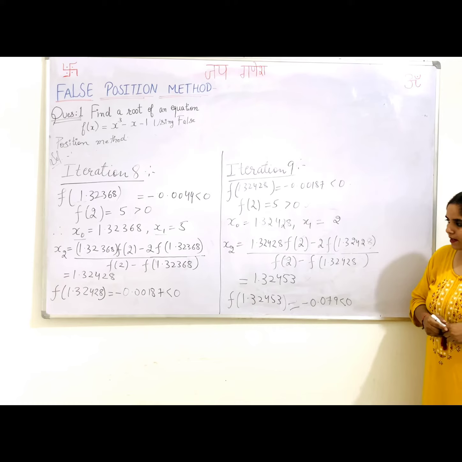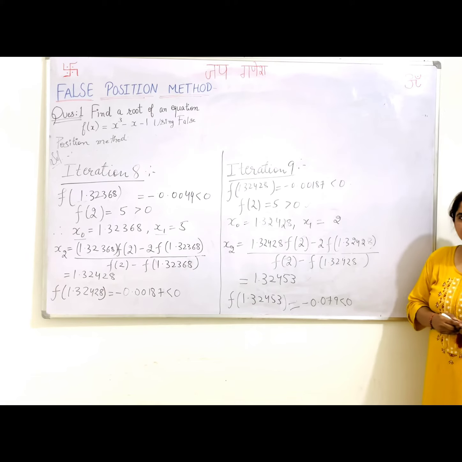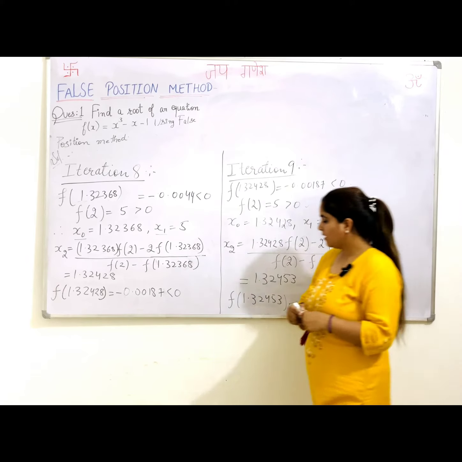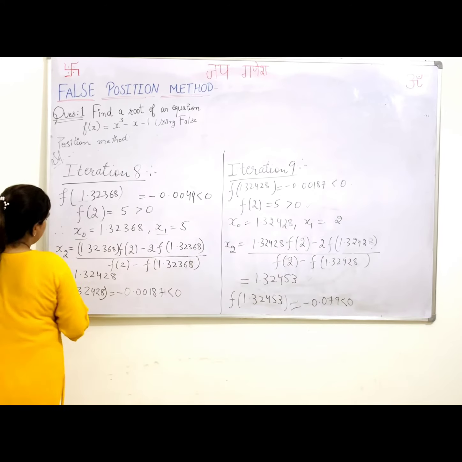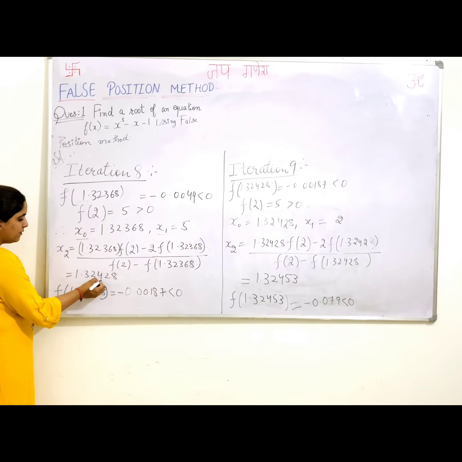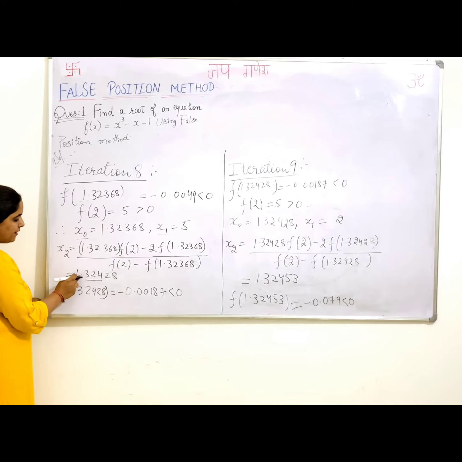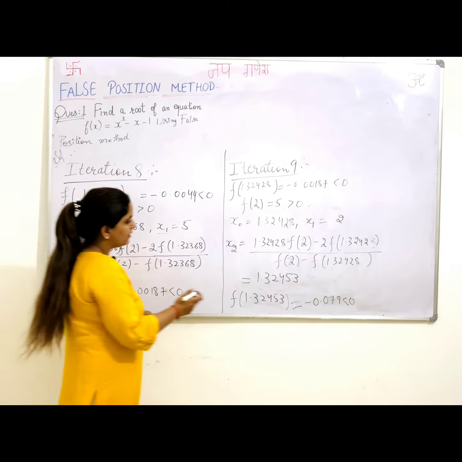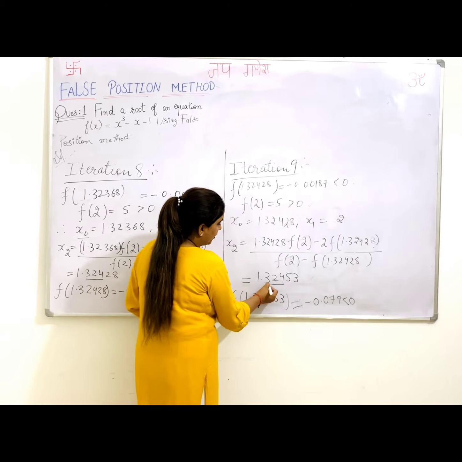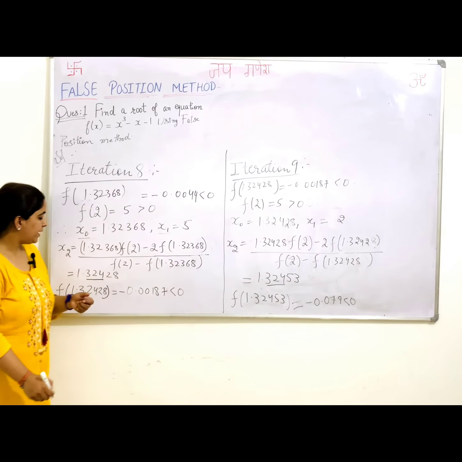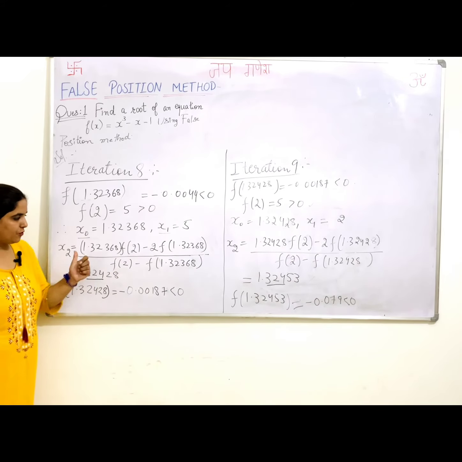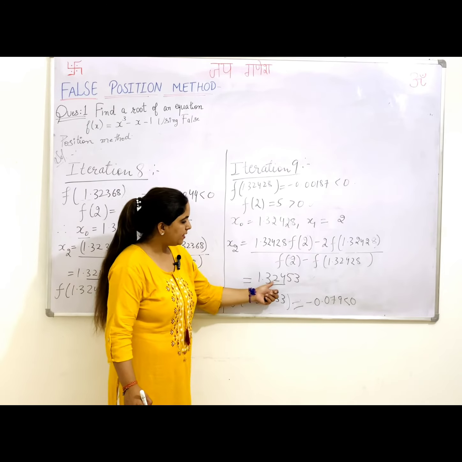So one important thing, here we can stop our solution. How? In the equation 8, we have got 3 numbers after decimal, same as in the equation 9, which is 324. Obviously, 1 will also be counted. 1.324, same 1.324.